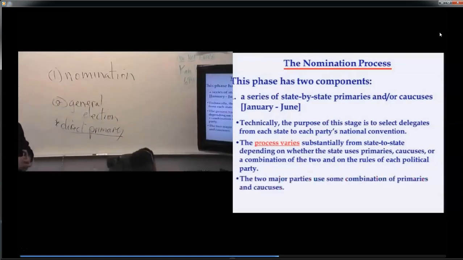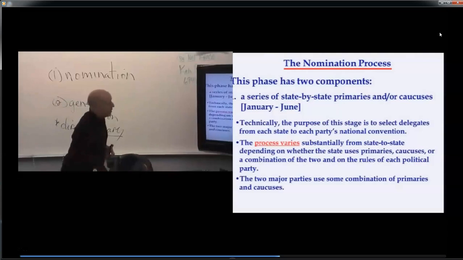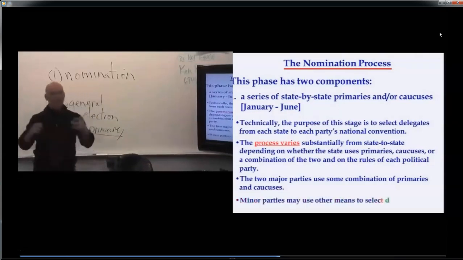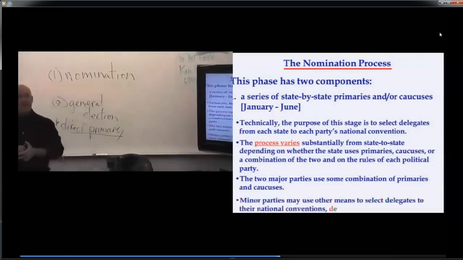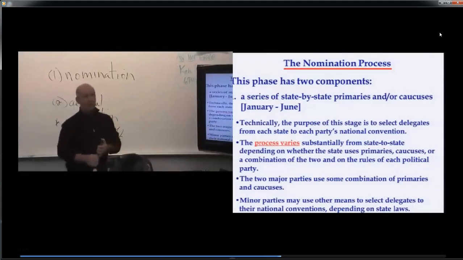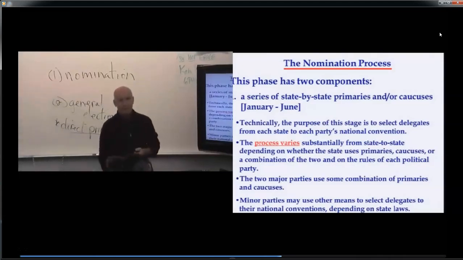So the two major parties, the Democratic and Republican parties, use some combination of primaries and caucuses. Minor parties, the Green Party, the Libertarian Party, they have some other ways that they can operate under state election laws. It's usually based on how many votes their candidates got in the most recent election.